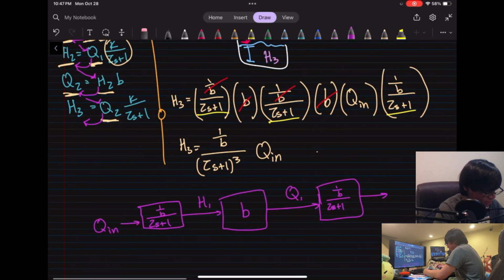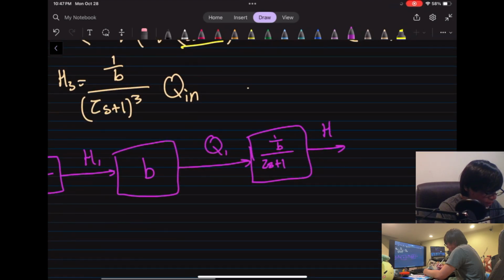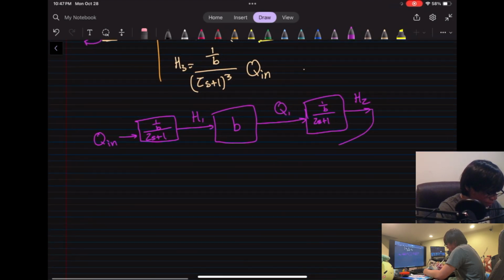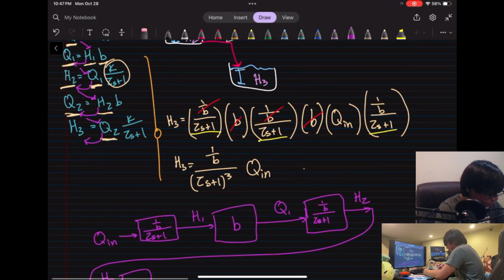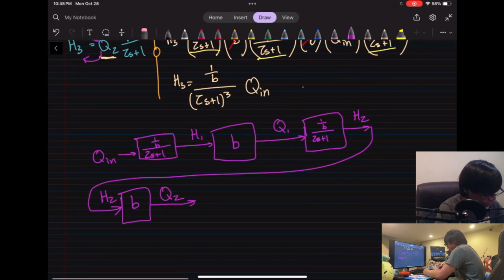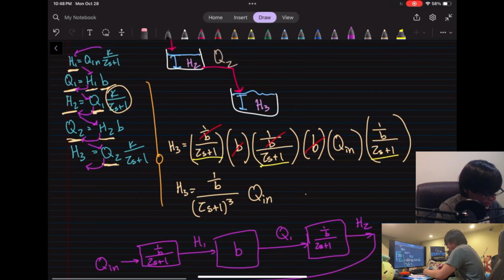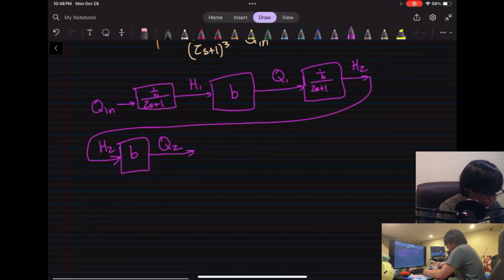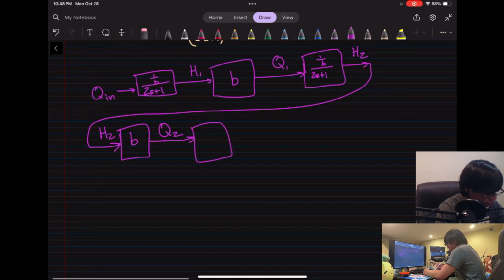Height 2, I'll bring that around. And height 2, what do we multiply by? B, get our second flow rate. Technically third, but second outlet flow. And then we multiply by our transfer function one more time.